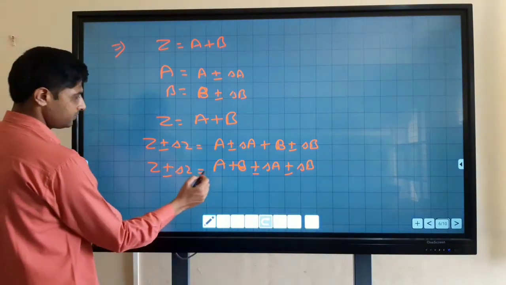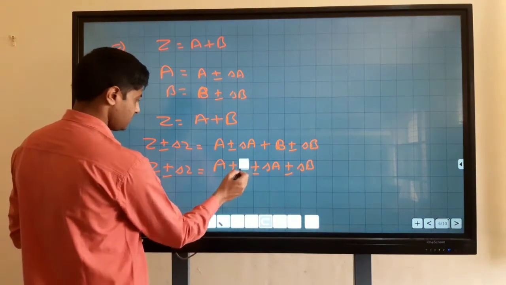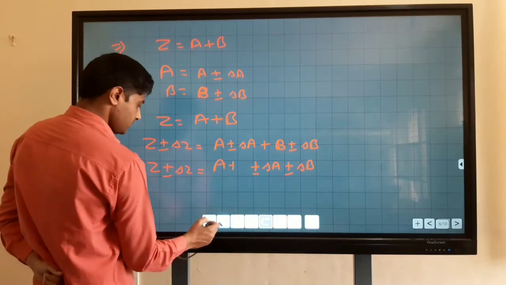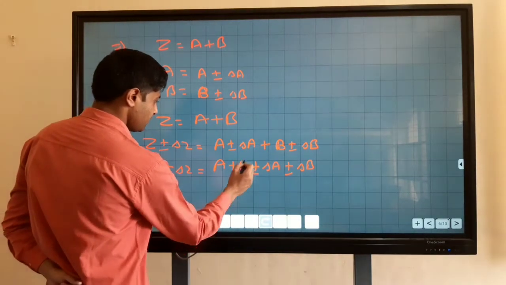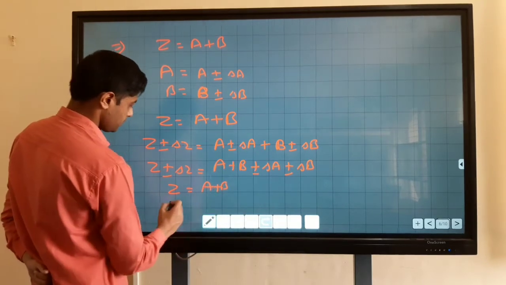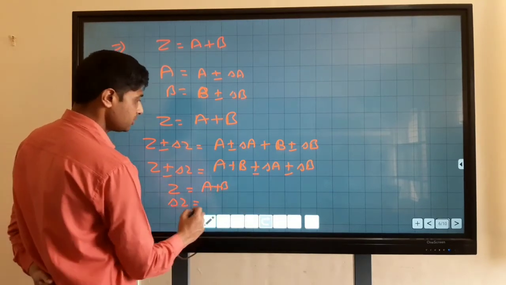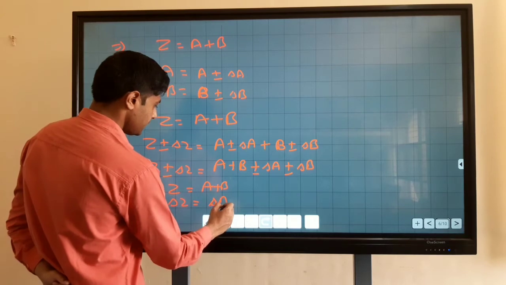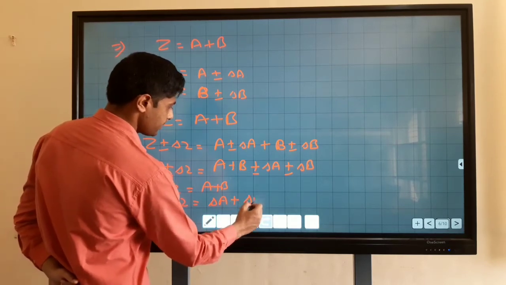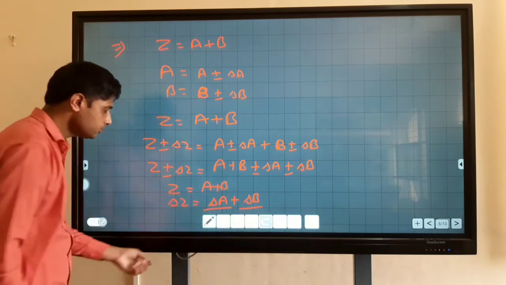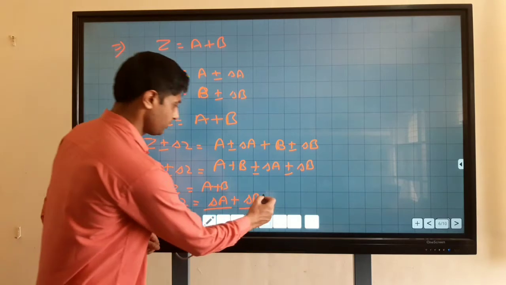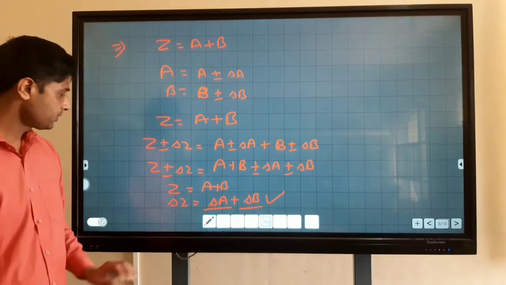So as you know, Z equal to A plus B, so del Z equal to del A plus del B, because we have to take always maximum error, so we have to take positive sign.